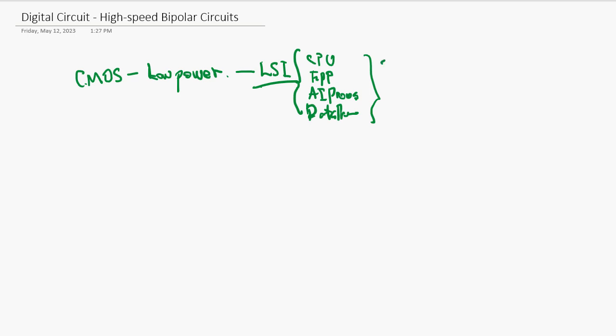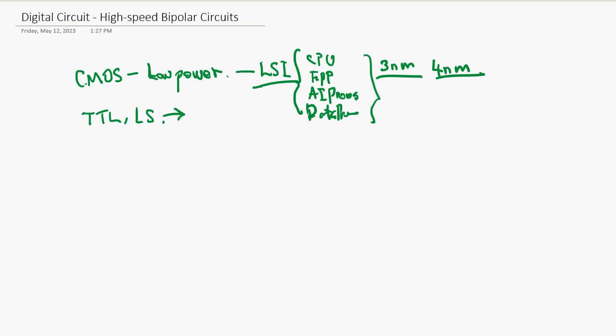Right now they're talking about 3 nanometers. Nobody's used 3 nanometer yet. Apple tried to use 3 nanometers, but actually 4 nanometer is what they get right now. So that's CMOS, and we have TTL and low power Schottky, made faster and lower power.